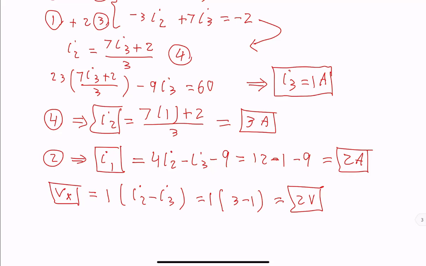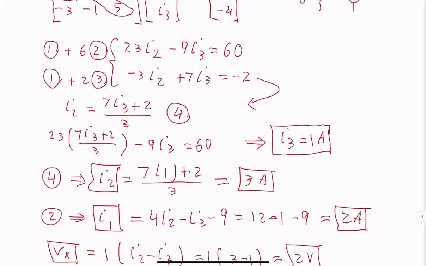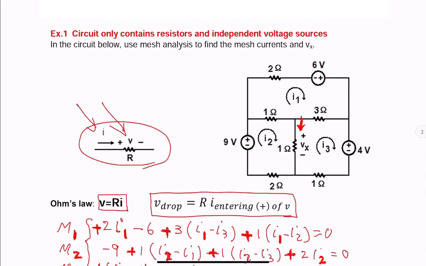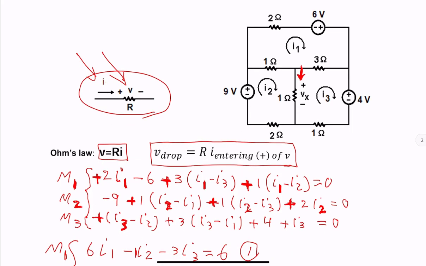As I said, for this problem, the circuit is very simple. In other words, we only have resistors and independent sources. We can add other types of sources to this, especially current sources. If you have current sources, we should use a supermesh.